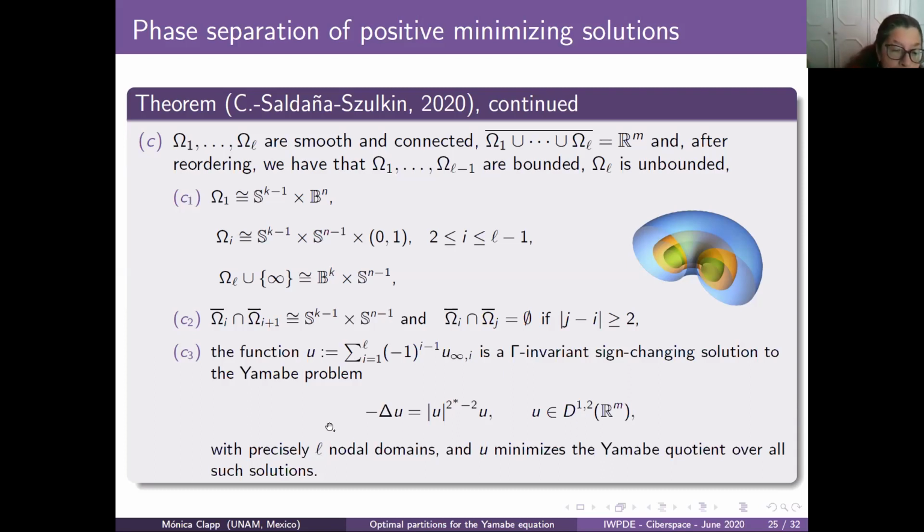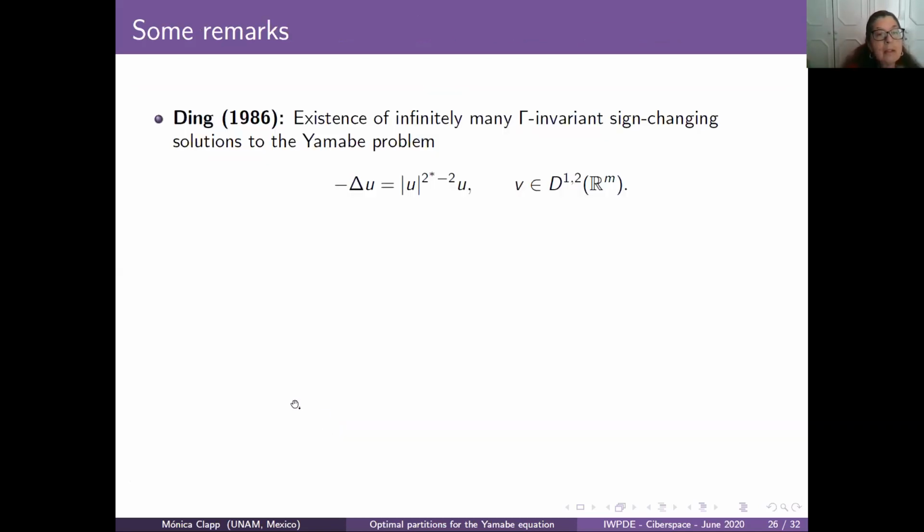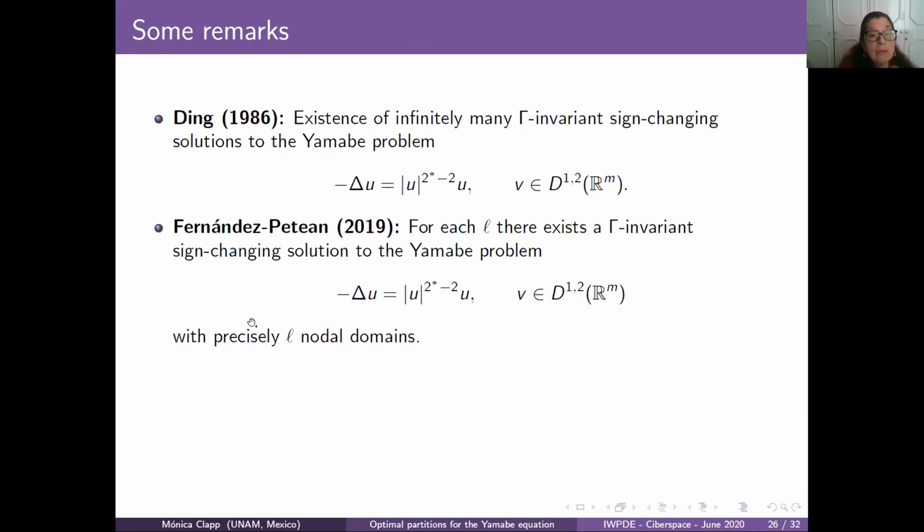So let me make some remarks. The first remark is that Ding already in '86 showed the existence of infinitely many gamma invariant solutions for the Yamabe equation. And then recently, Fernández and Petean showed that, in fact, there is a solution with precisely L nodal domains for the Yamabe equation on the sphere for every L, which is gamma invariant.